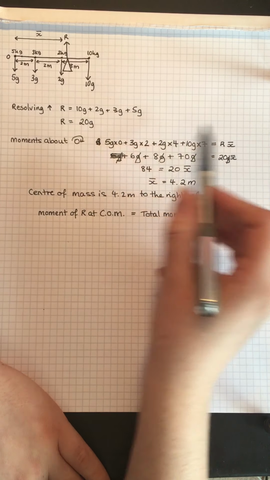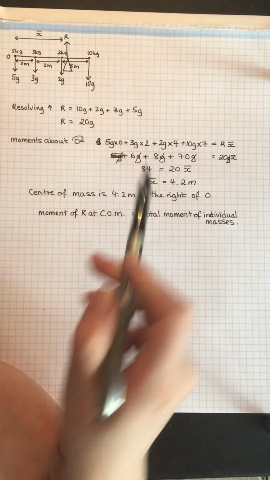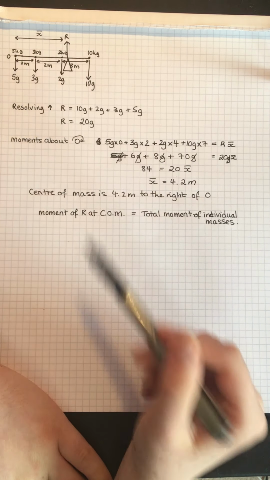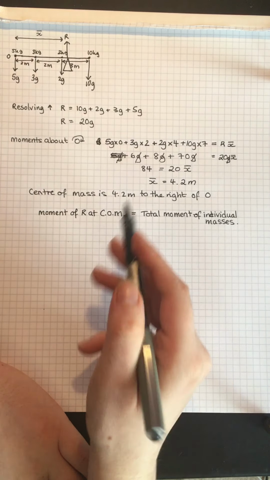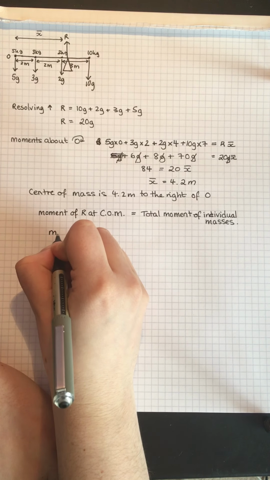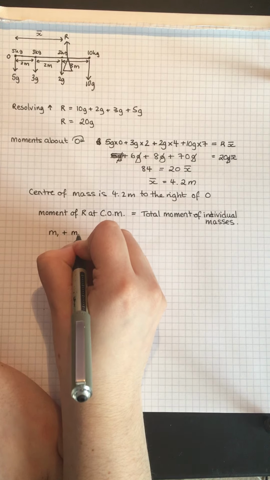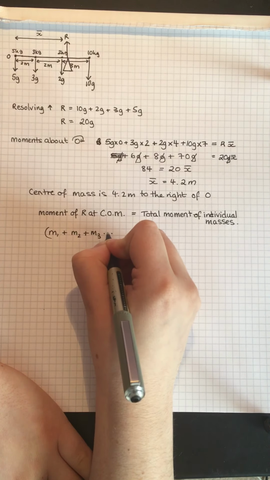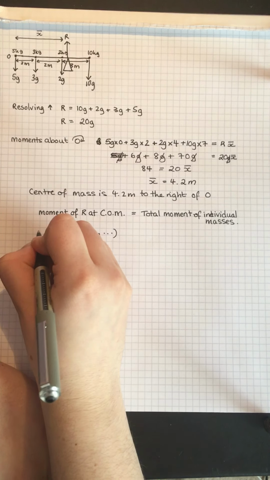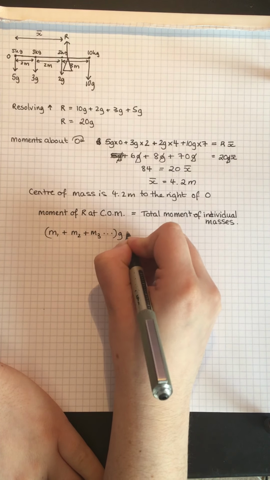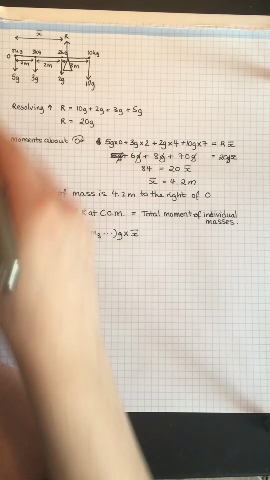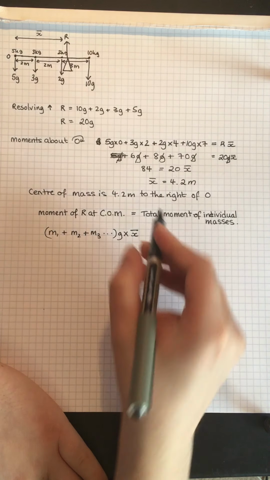And now what was R but actually just the sum of all the weight forces? So if, instead of having specific amounts, we were adding up M1 plus M2 plus M3, however many we had, we multiplied that by G, and then we multiplied that by x bar, the distance from the origin of the centre of mass.